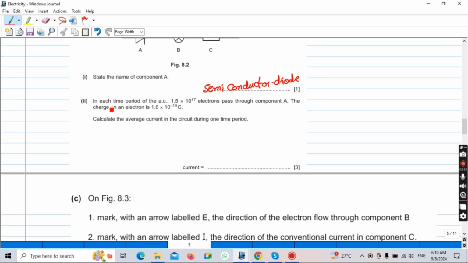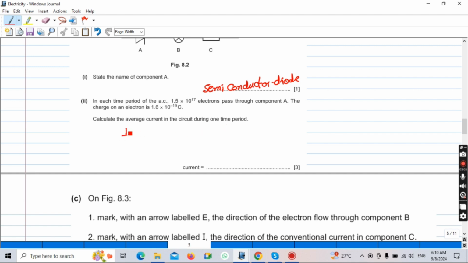Right, so in each time period of the AC, 1.5 times 10 to the power of 17 electrons pass through component A. So this is the number of electrons that pass. The charge of the electron is 1.6 times 10 to the power of negative 19 coulomb. So the question is, calculate the average current in the circuit during one time period.